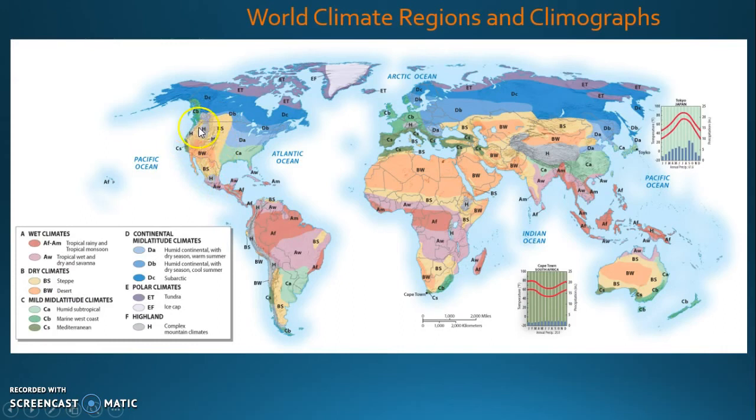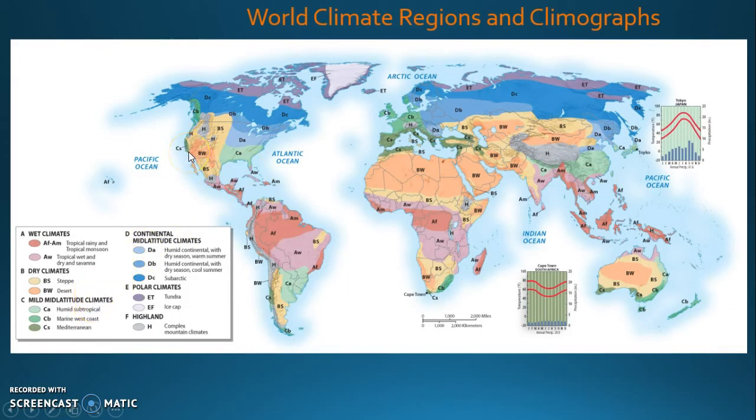So here we see, in the U.S. we have desert climates in the southwest and dry grassland climates throughout the west and the Midwest. And if you look at Asia, the big steppes are found in this area as well. Mid-latitude climates, that would be us, that would be California.